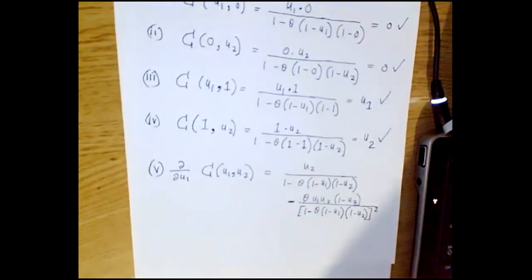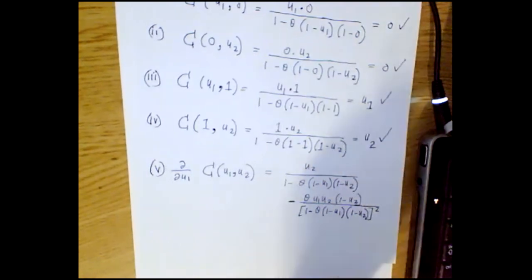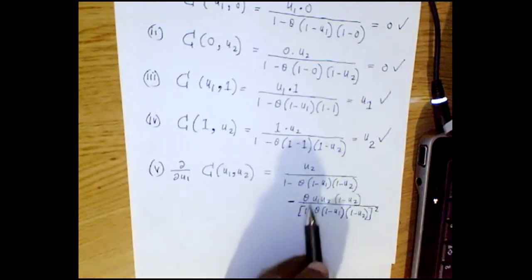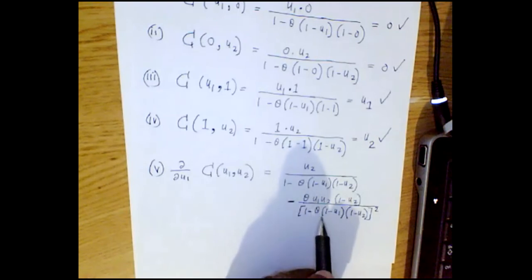Let me see if I can do it quickly. Theta, 1 minus u2, theta u1, u2. Wait, I'm thinking. Just a minute. Theta u1, 1 minus u2, u2 plus negative.